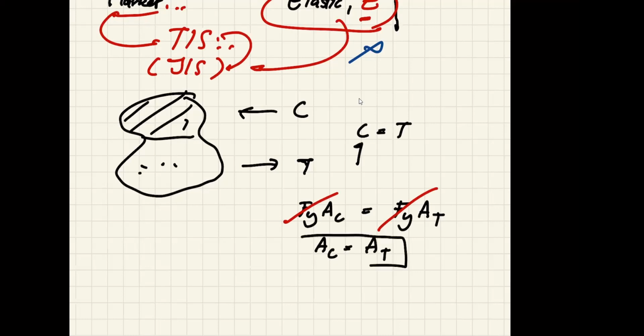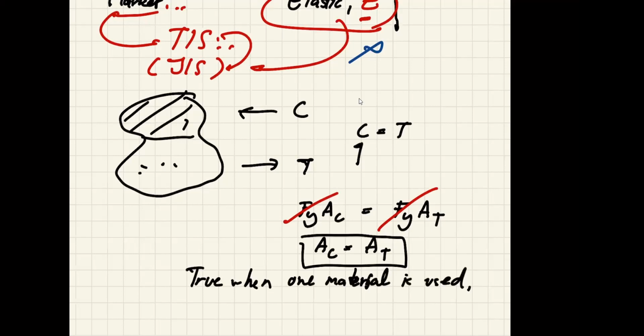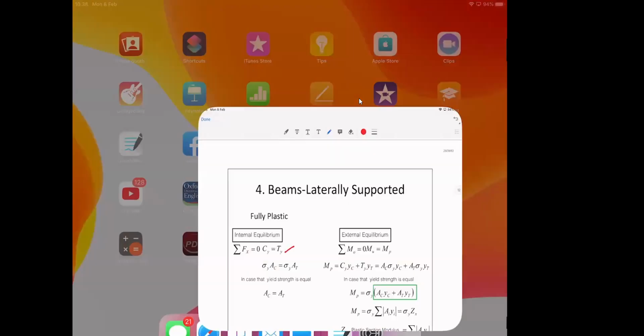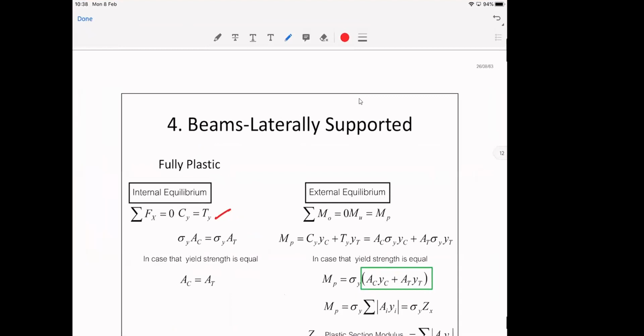This is true when one material is used. So what we learn from this is that you need to find the axis where you can achieve the area under compression equal to the area under tension.